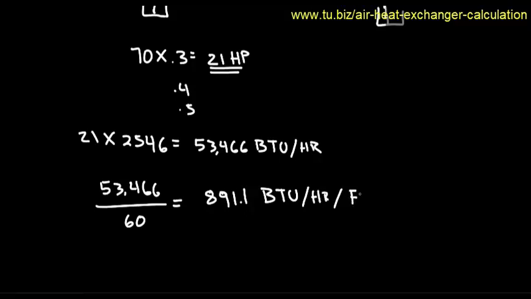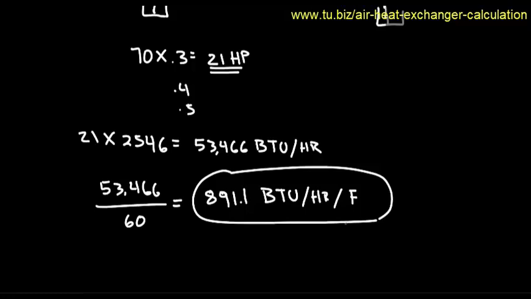per Fahrenheit. Now this number right here, that is the one that I need to find in the literature of the heat exchanger. In this case, it is going to be an air heat exchanger.